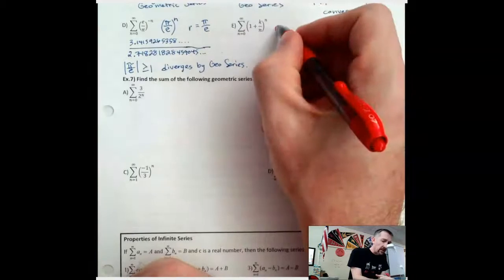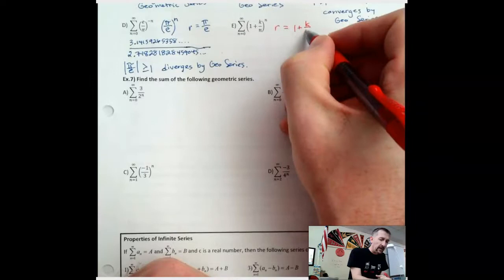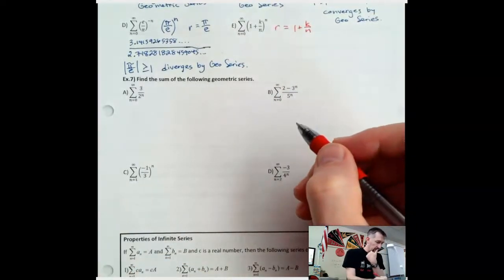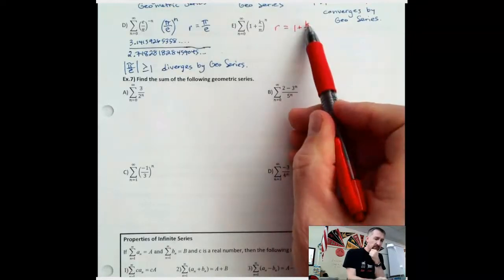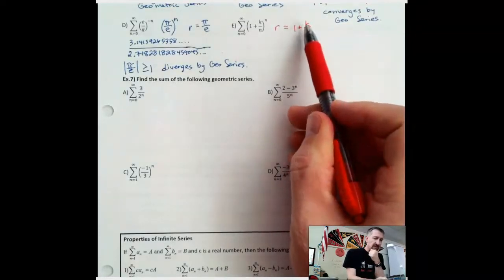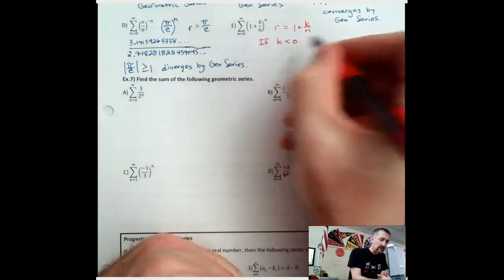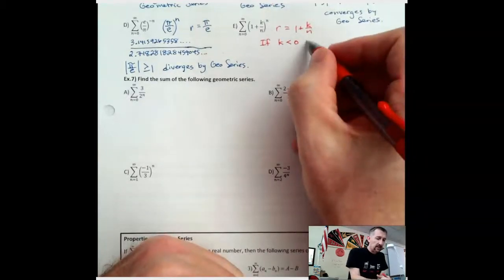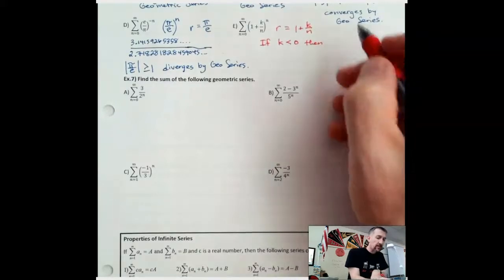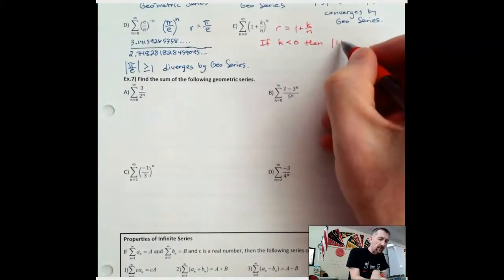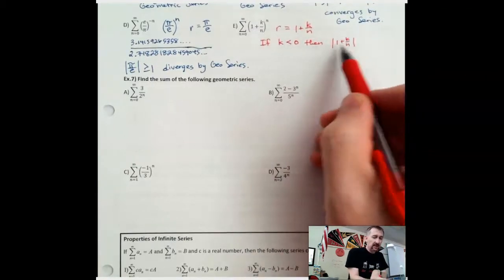So here, this is a little bit awkward. r is 1 plus k over n. All right. So if k is less than 0, then this will be subtracting this, so that will be less than 1.